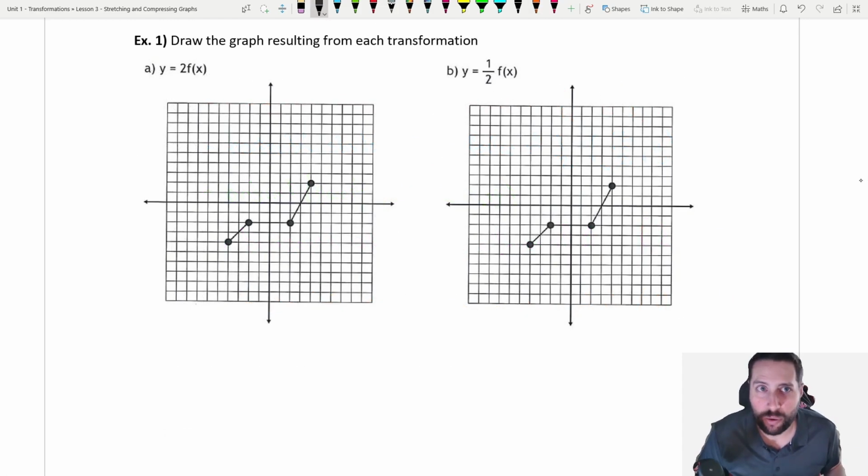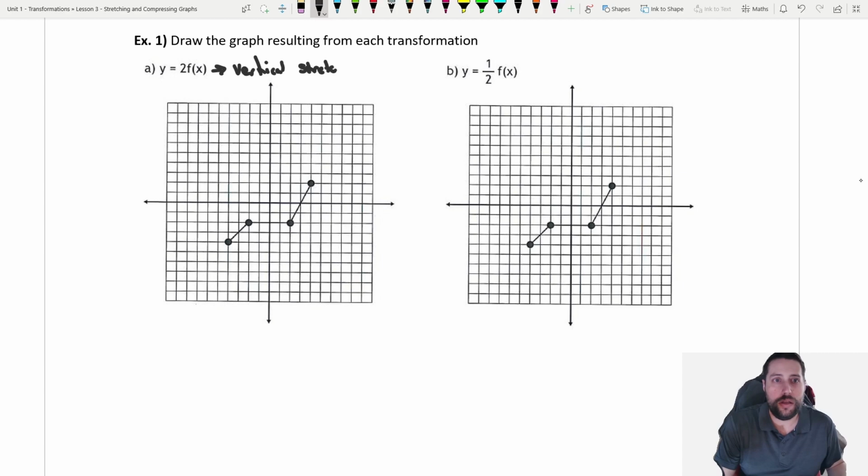Okay, example number 1. Draw the graph resulting from each transformation. We have y is equal to 2 times f of x. This is for part A. So let's do the mapping notation first. This is going to be a vertical stretch by a factor of 2.